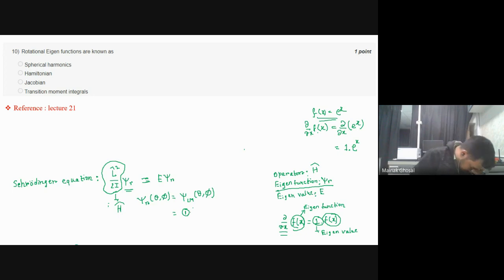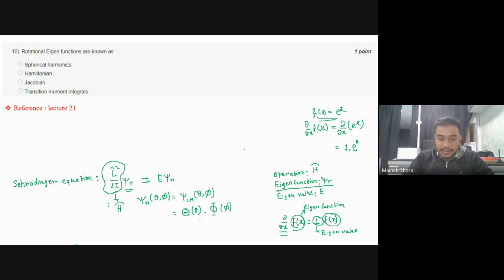This capital theta will be a function of small theta, and there will be some term which is a function of phi, which I will write as phi of phi.